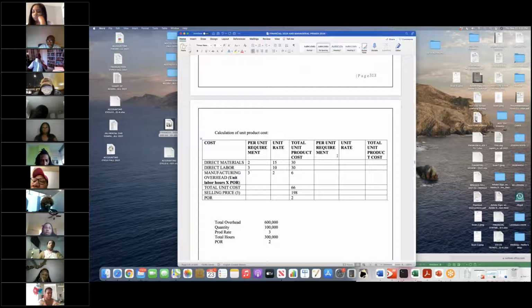Well, what doesn't change? Materials. Raw material stays the same. You can make, it takes 2, and the unit rate is 15. So it stays at 30.